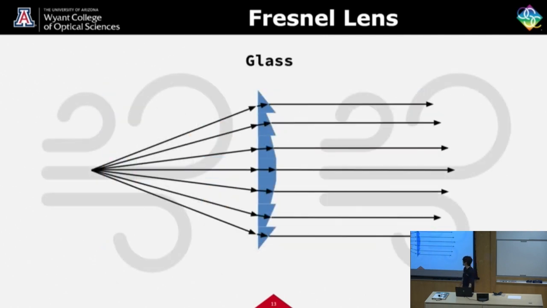Here's a diagram of how different light paths would move through a Fresnel lens, and each of these segments can contribute to directing each of these paths, same as before, to move in the same direction.